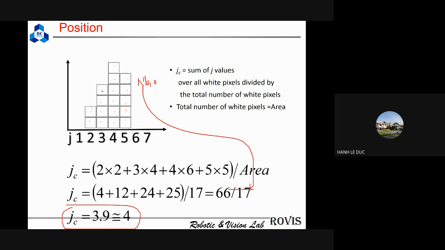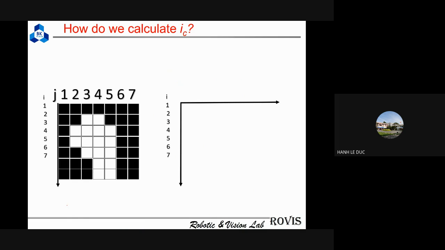The next one is we calculate the IC, with a similar procedure. Just list: 2 is 2, and 3 is 4.